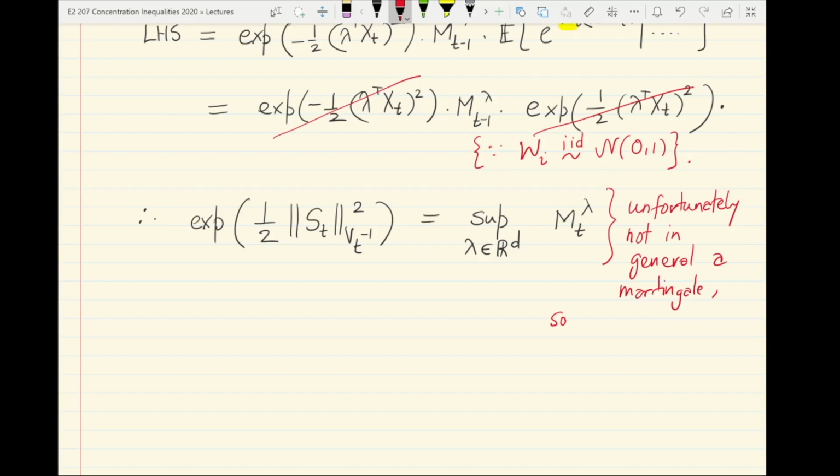So we cannot control this right hand side. So we cannot control this supremum over many martingales using standard results like, let's say, Azuma's inequality or its variants.